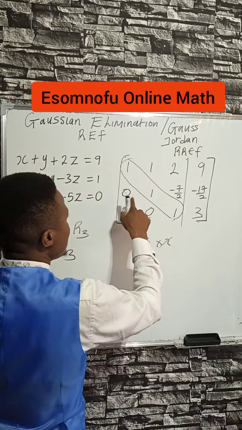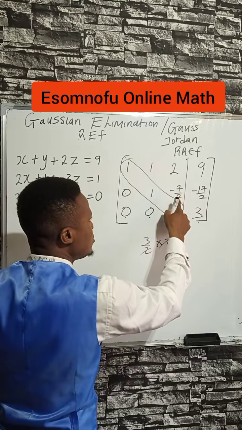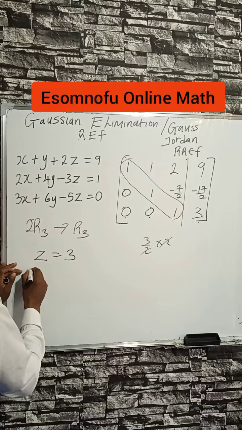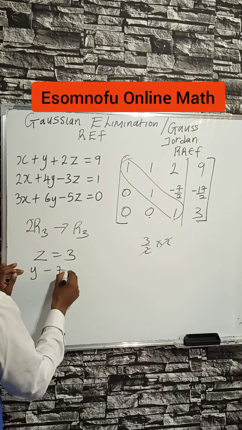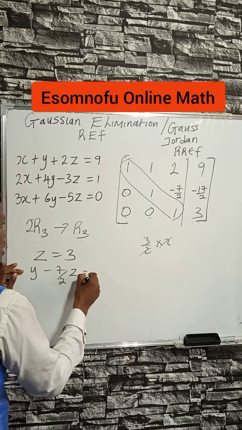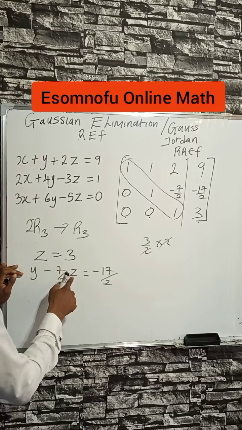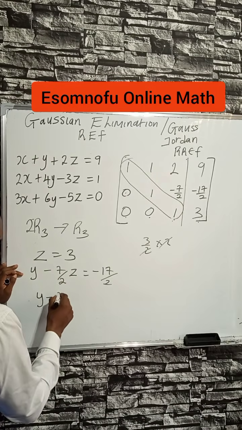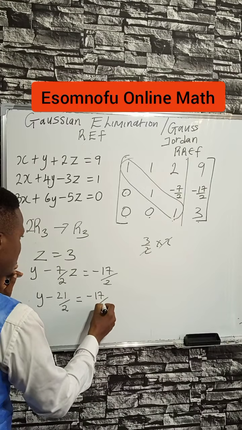Then coming here, 0x plus y plus minus 7 over 2 z is equal to this. That is, the x is gone. So I'll call it y minus 7 over 2 z equal to minus 17 over 2. Already z is 3. Put 3 here. Minus 7 times 3 is minus 21. So you have y minus 21 over 2 equal to minus 17 over 2.